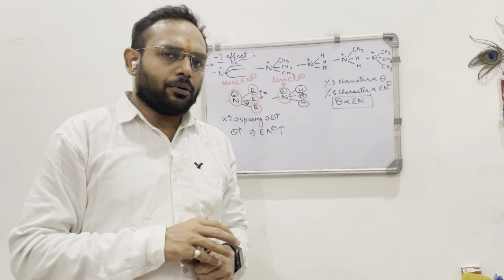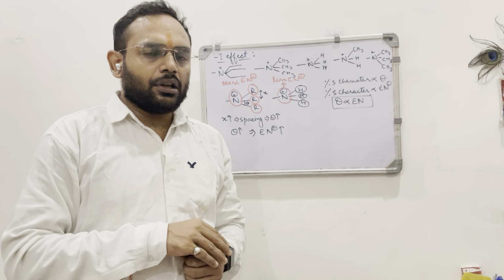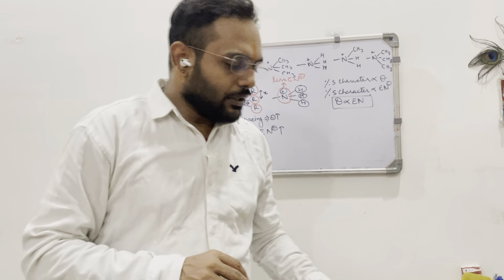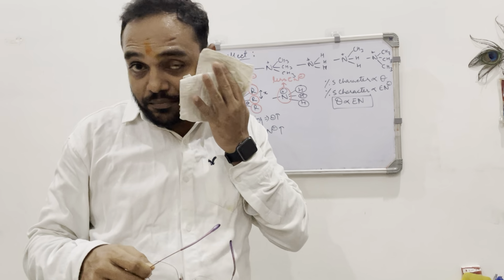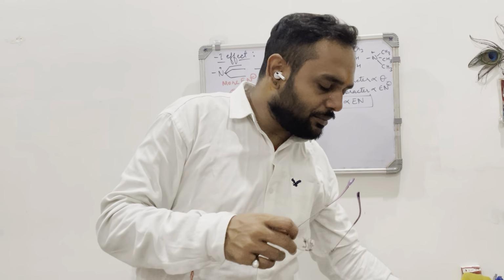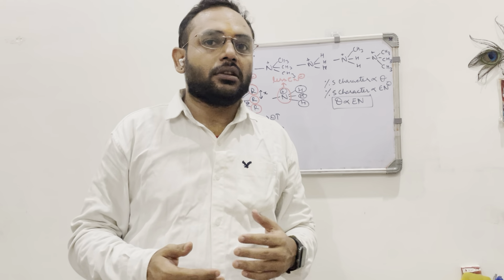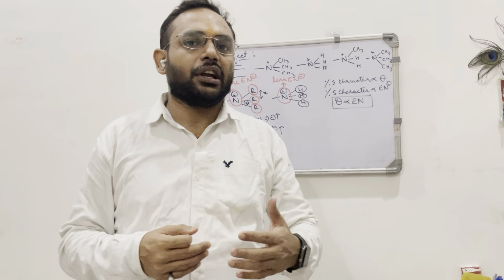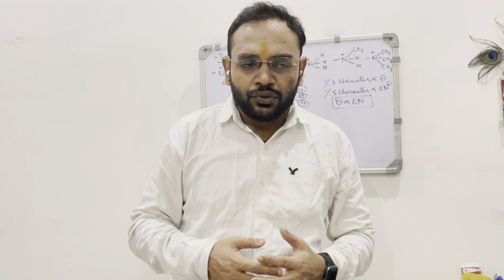Now this is a very important concept. You see, I can certainly say that the electronegativity of central atom is not always constant. It depends upon the surrounding atoms. If we change the surrounding atom, the electronegativity also changes.